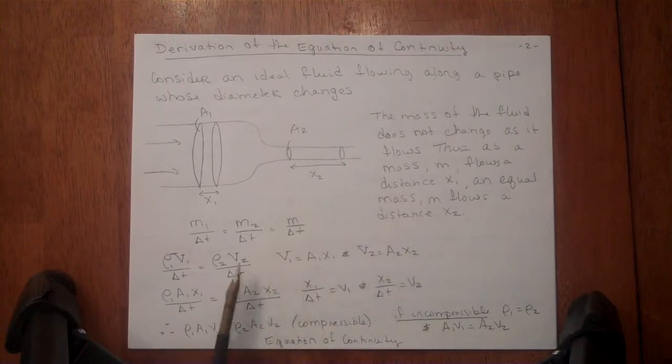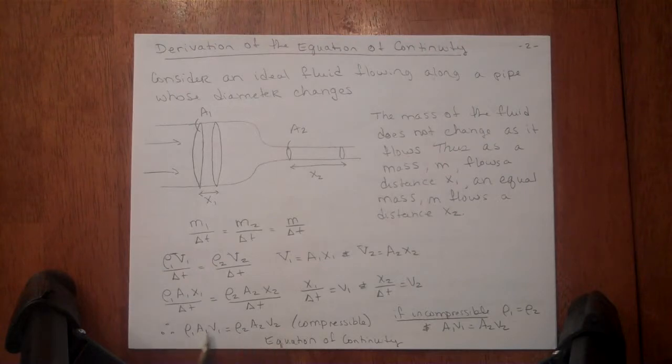And substituting those two volumes into these equations, we then get rho 1 A1 x1 over delta T is equal to rho 2 A2 x2 over delta T. And then defining x1 over delta T as the flow speed at point 1 and x2 over delta T as the flow speed at point 2, we can write down rho 1 A1 V1 equals rho 2 A2 V2.